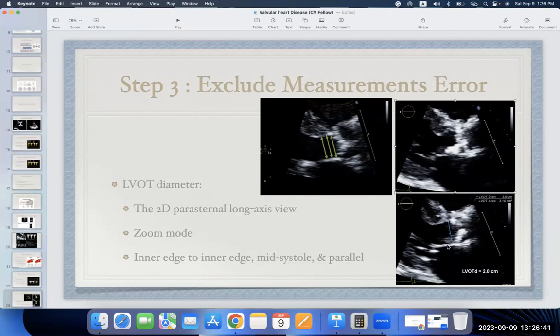If you tilt them, you will be able to exclude this calcification, because it is only at one point. It's not covering the whole LVOT. This is a very important point, because not excluding it introduces an error, and you will underestimate the aortic valve area.